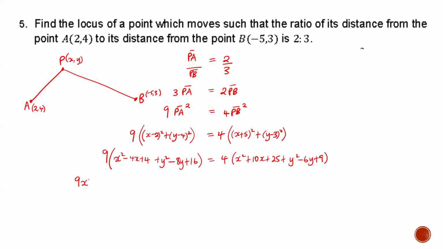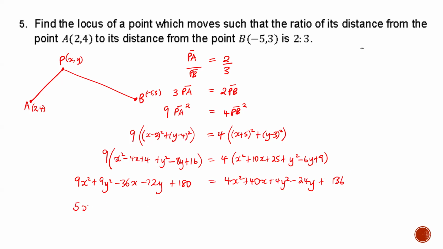Expanding further, this is 9x squared plus 9y squared minus 36x minus 72y plus 180. I've added the 4 and 16. And this is going to be 4x squared plus 40x plus 4y squared minus 24y plus 136 when you add the 25 and 9.